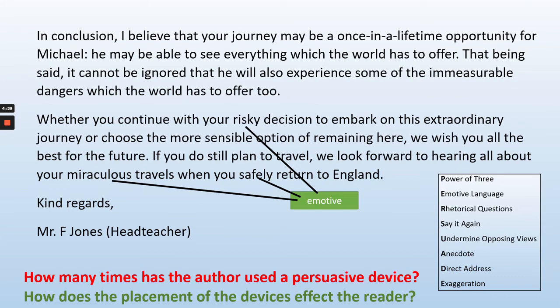I wonder why it might be a good idea to use emotive language in that final paragraph. The final paragraph is the final thing that his parents will read. I want them to be left with an emotion, so I want to make sure the last thing they read uses my emotive language. Great job if you spotted that one, Year 6.